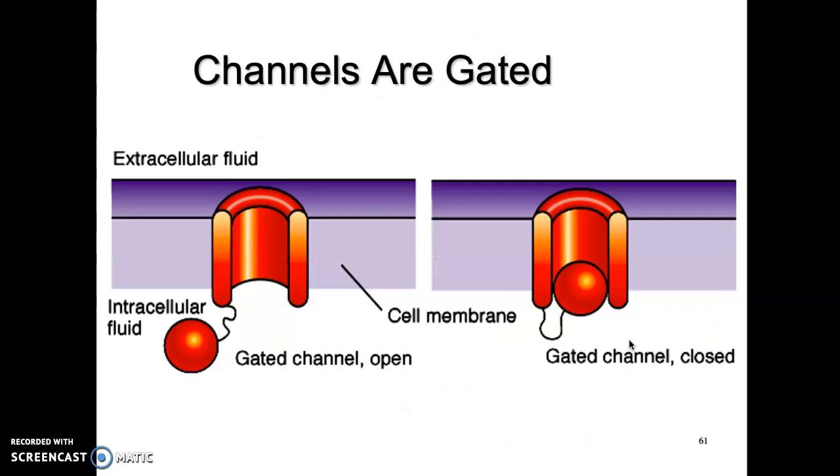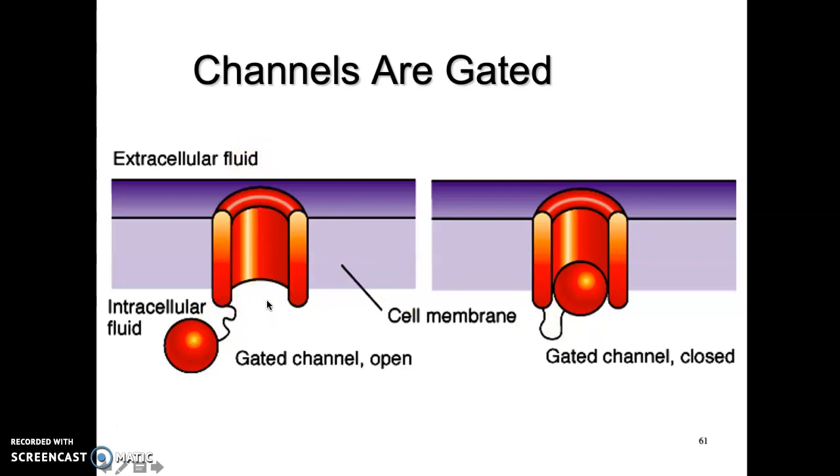How are we going to illustrate the gate? Well, the gate is really, again, a molecule that shifts position and doesn't allow that passage, but we're going to show it like a little ball with a string. And when the ball and the string is in place there, nothing's going to come through, and when it's not in place, something can come through.